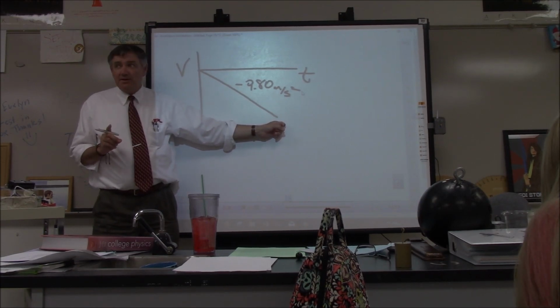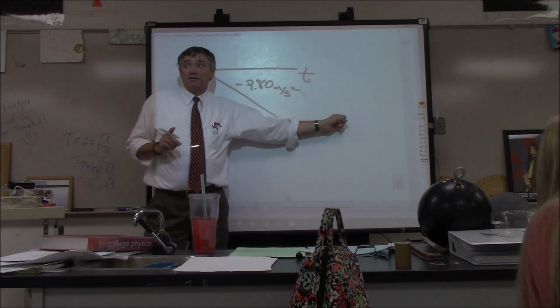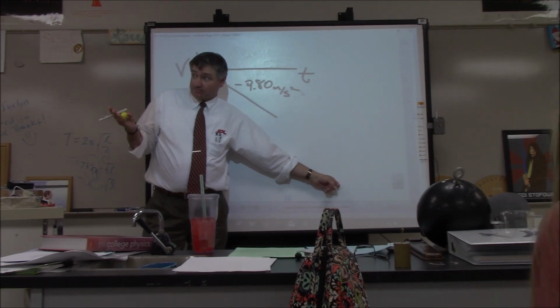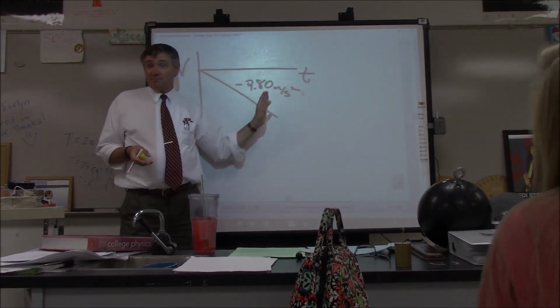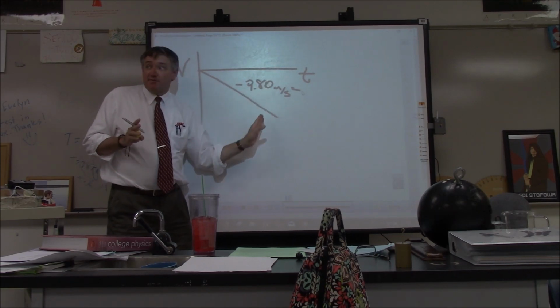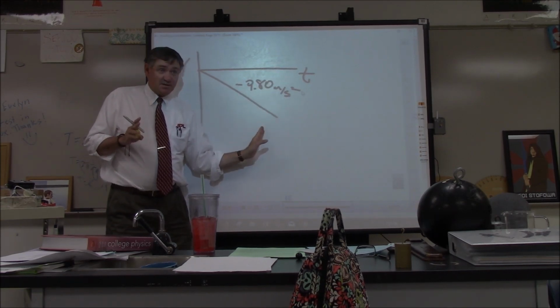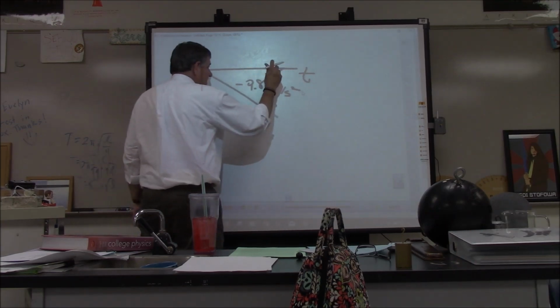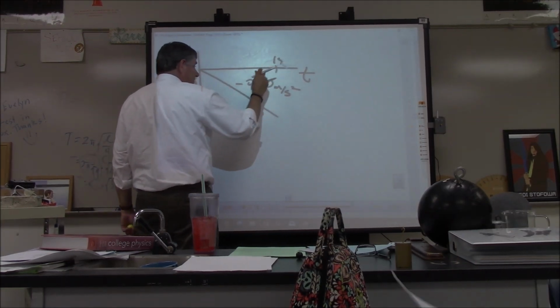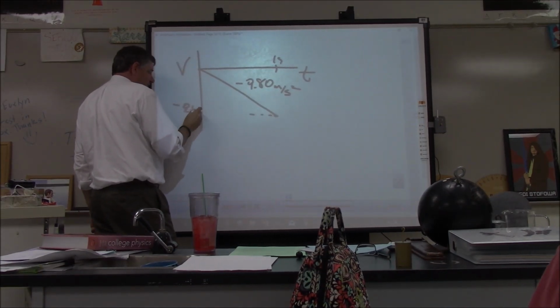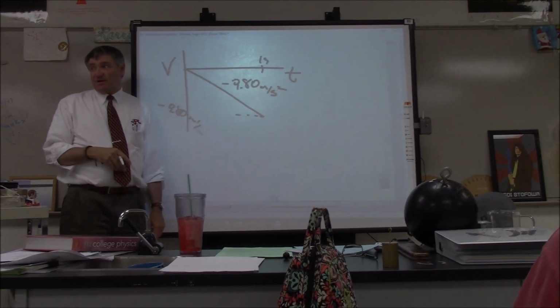If you're there for another second, you're going to be in debt $19.60, right? So that's what this means. If you're at the gravity store, every second that goes by, this is how much your velocity is going to change, because that's the slope of the line. So if I'm at exactly 1 second, this number would have a value of negative 9.8 meters per second.